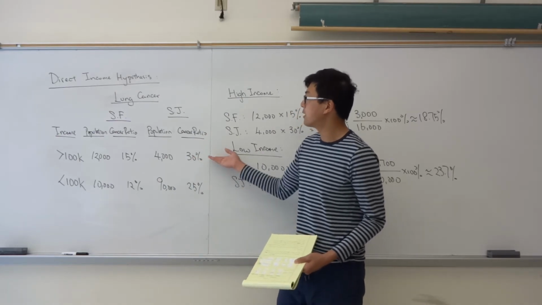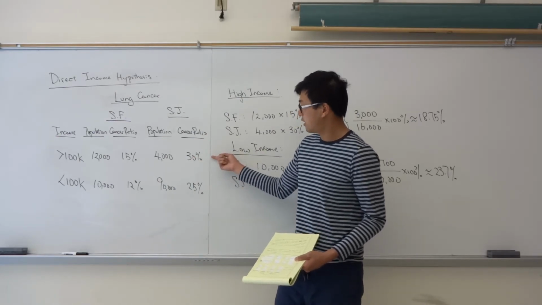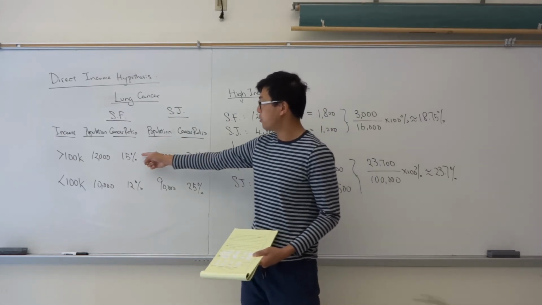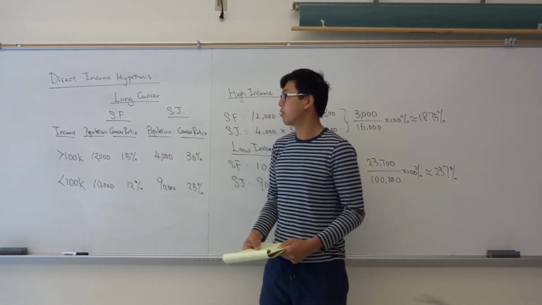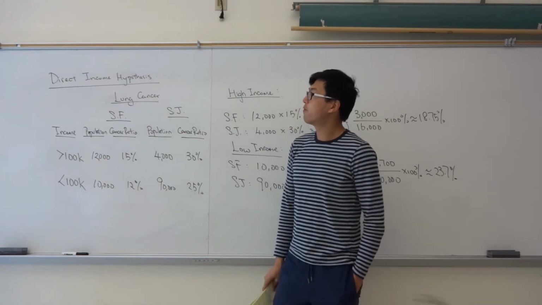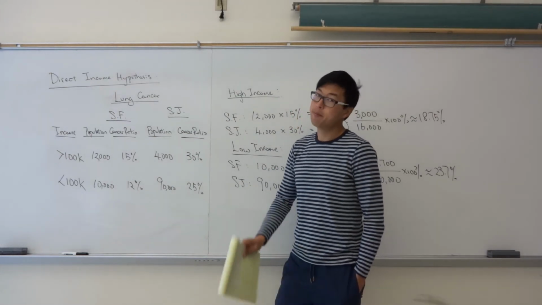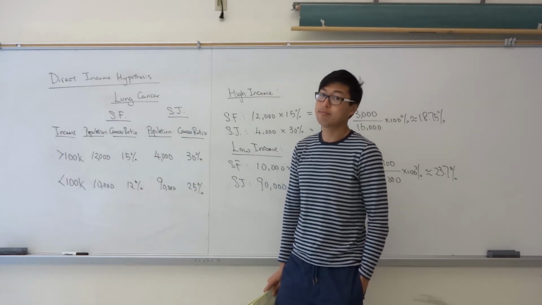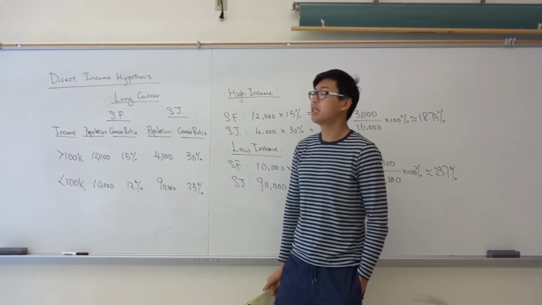Obviously, you can see the risk of lung cancer is much higher in San Jose compared to San Francisco. So with a higher level of income, people are given a choice to move to a healthier city or location. And that's what explains the direct income hypothesis.